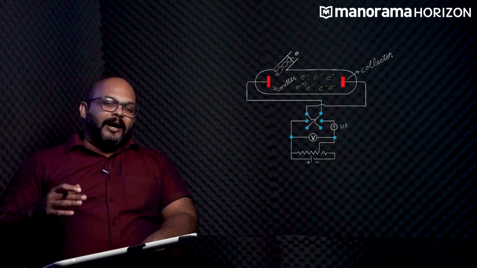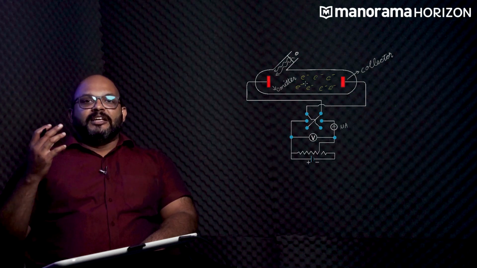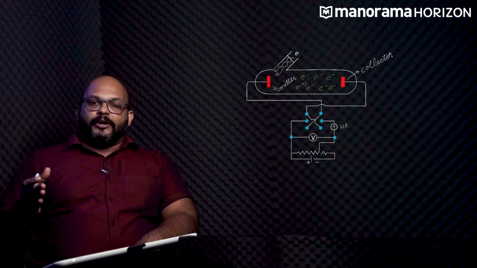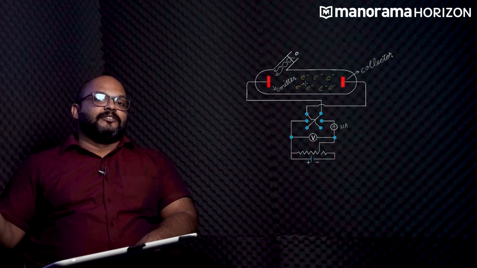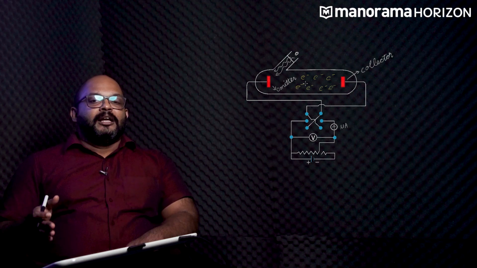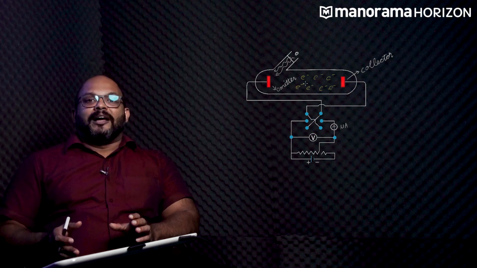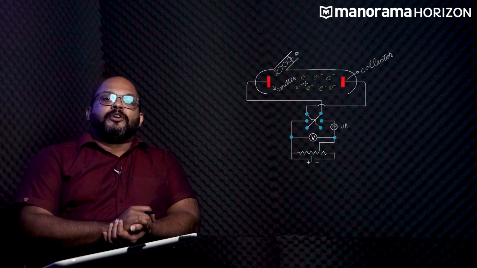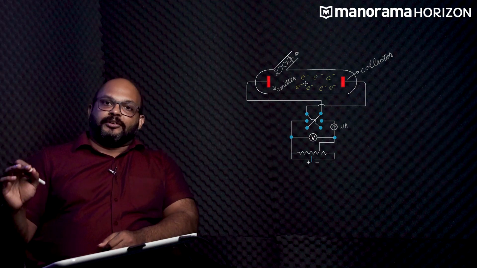This means that no matter how much you increase the voltage difference between the emitter and the collector, beyond a particular point the photocurrent will stop increasing further. This value will remain fixed as long as the brightness or intensity of the light is fixed, and this is what we call a saturation current.